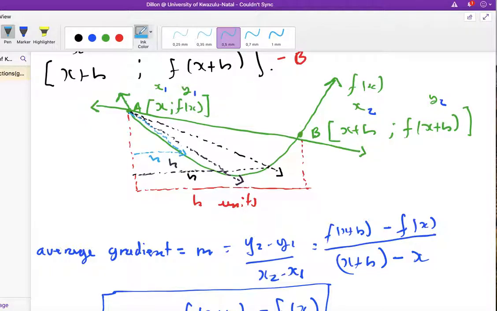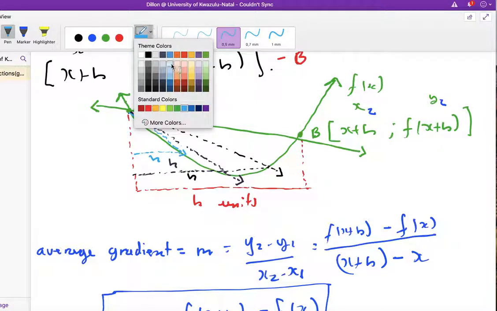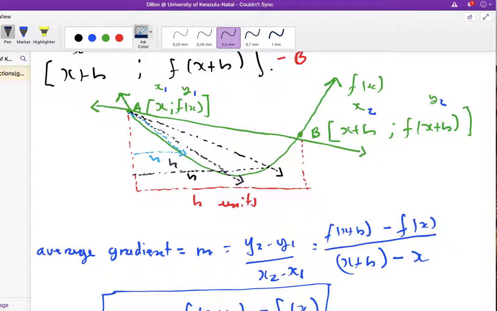Eventually, the straight line becomes tangent to the curve at the point A. I hope you guys can see that. I shall illustrate this.